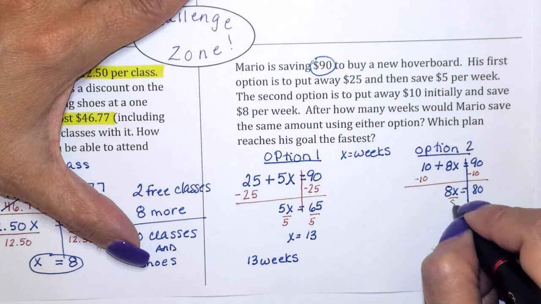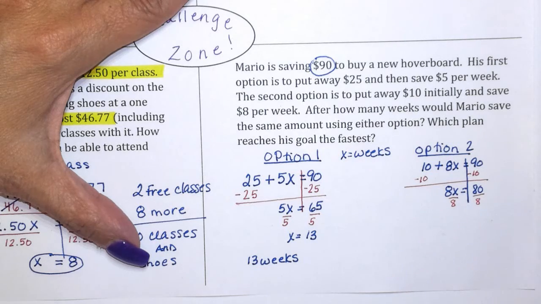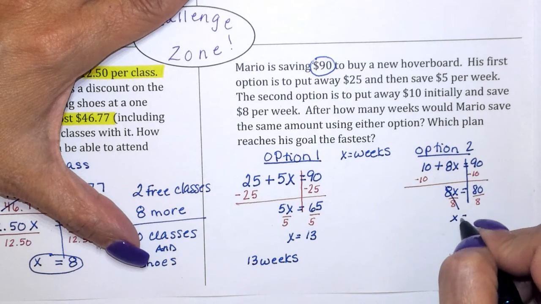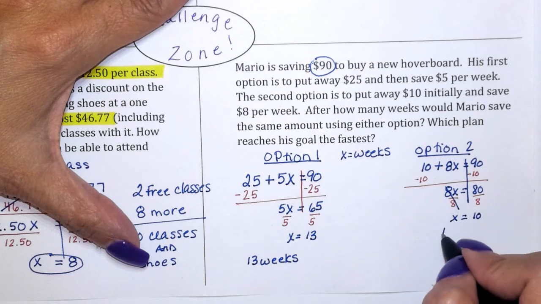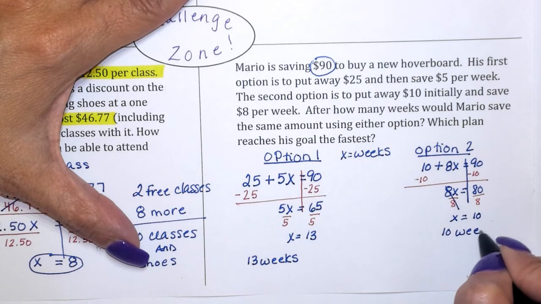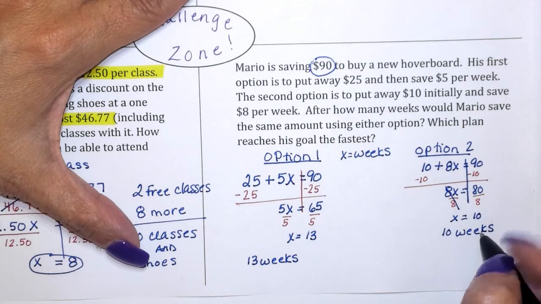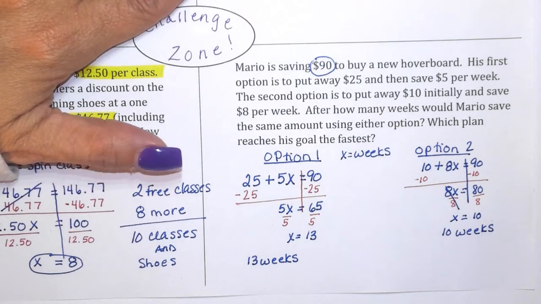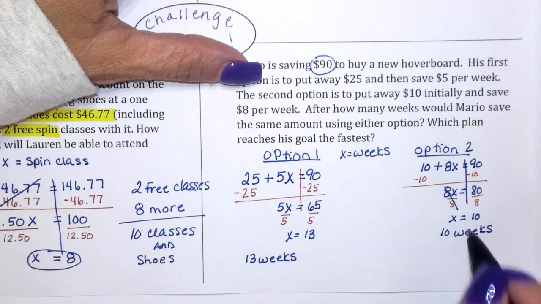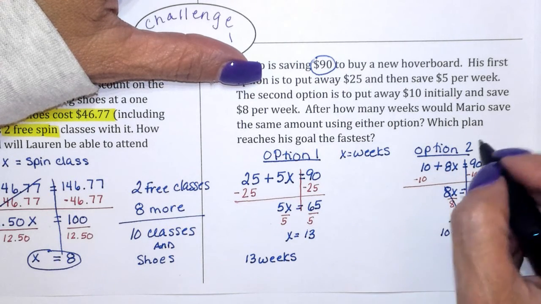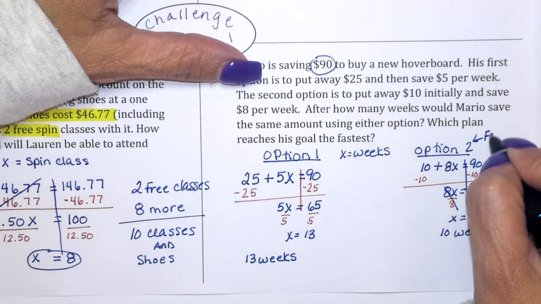I'm going to divide both sides by 8. And that's going to give me x equals 10. That means option 2, even though he starts off with less, it's only going to take him 10 weeks total to get to that goal. So which plan is better? Probably option 2. Option 2 gets him there faster. So option 2 is the faster one.